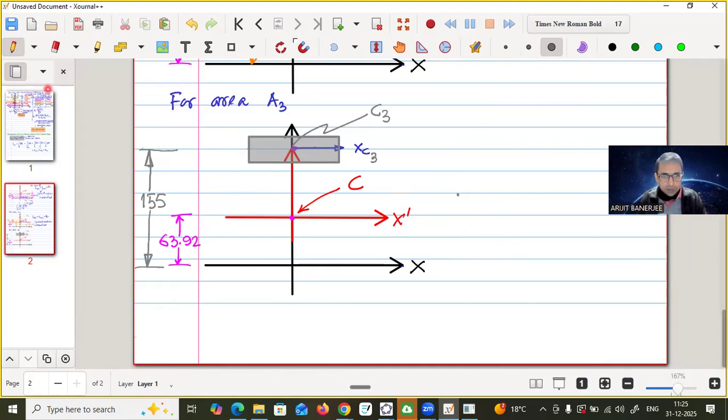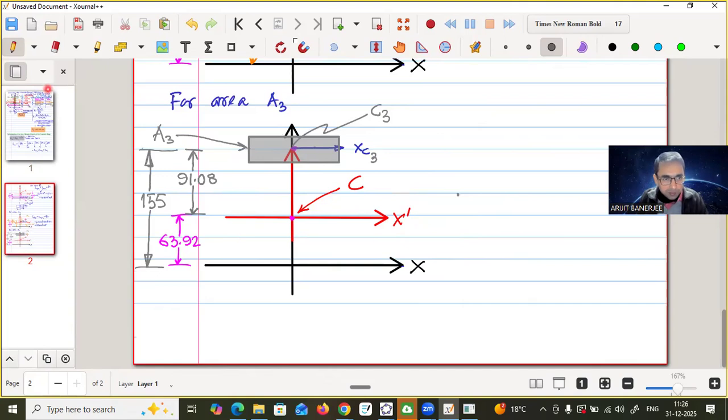And what is A3? We know A3. And what is D3 therefore? D3 is this distance. How much is this? 91.08. Exactly.